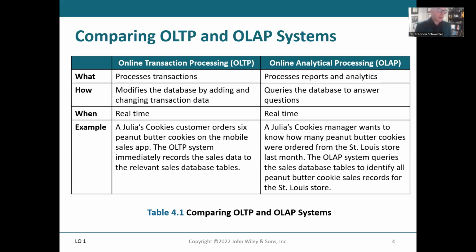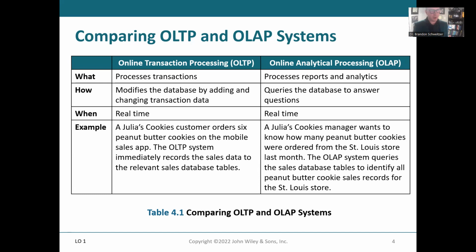When it comes to the online transactions, we look at things like what's being processed in the transaction, how it is used in modifying the database by adding and changing the transaction data. We know that the online transaction process happens in real time.